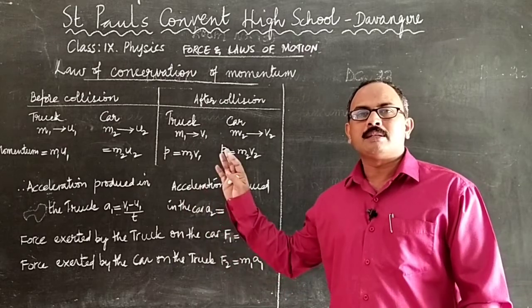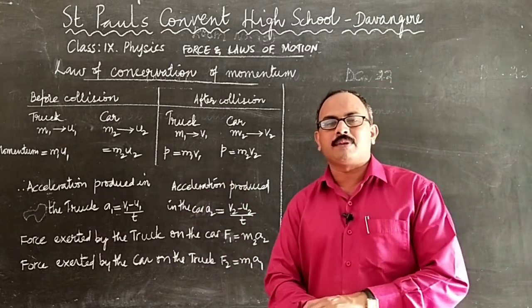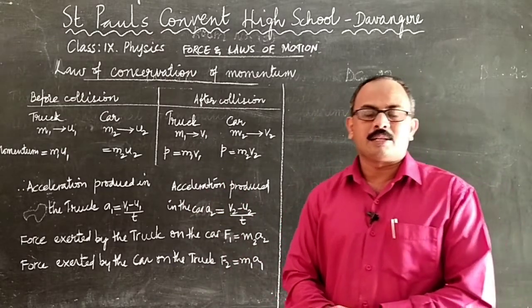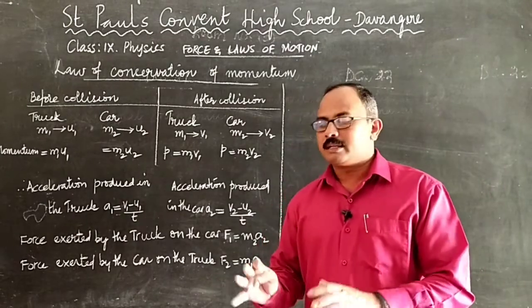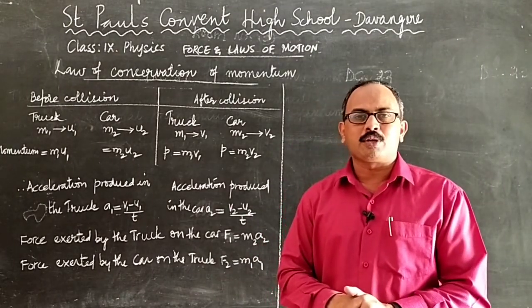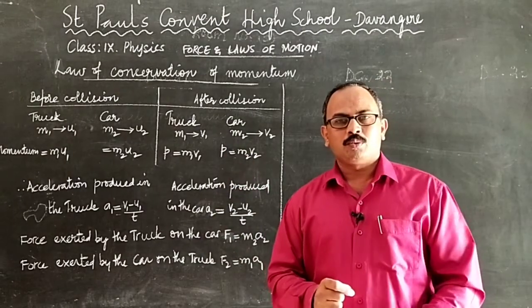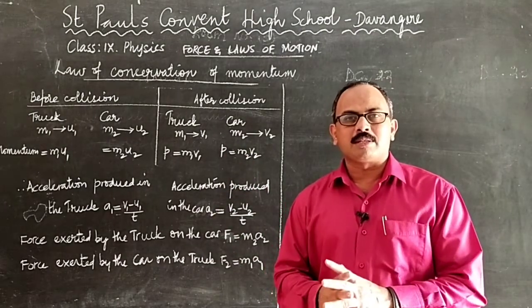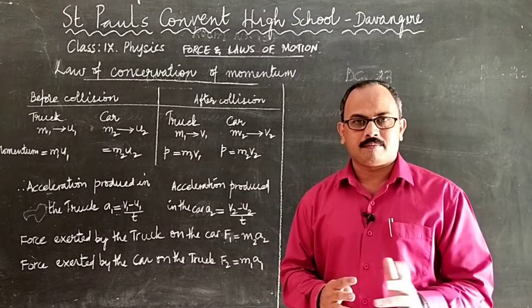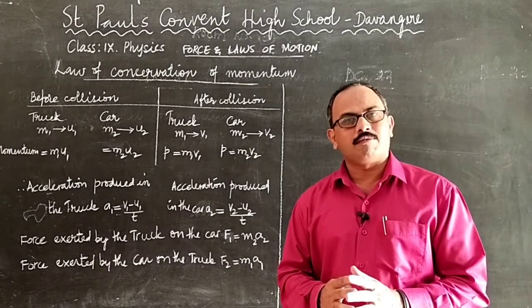This seems to be the last concept that we are going to learn in this lesson, followed by the sums and exercises part. In this, we are going to prove that the total initial momentum is equal to the total final momentum, the law of conservation of momentum.